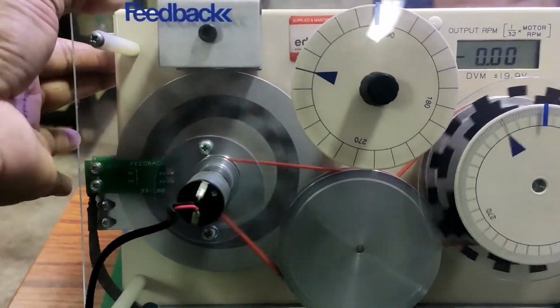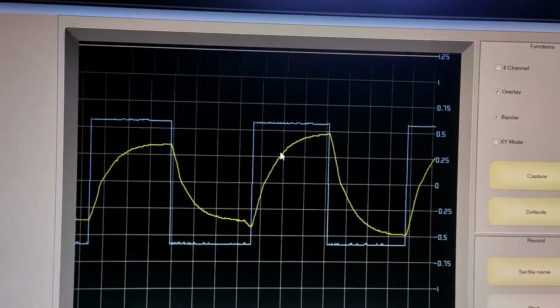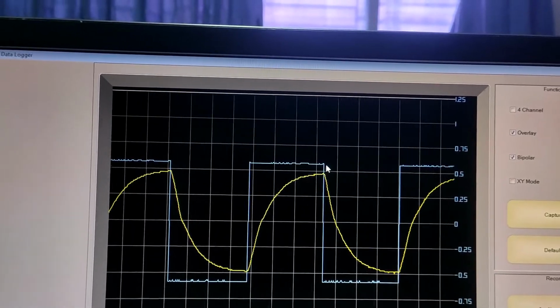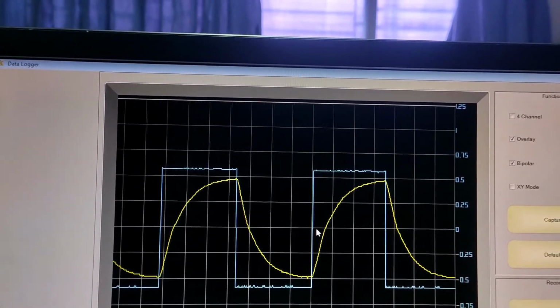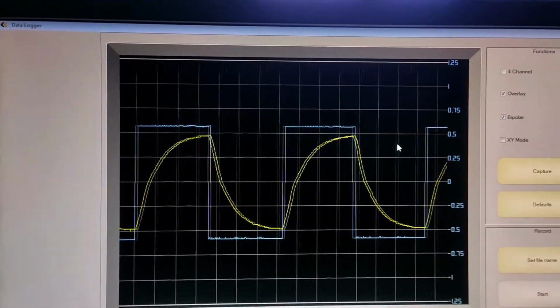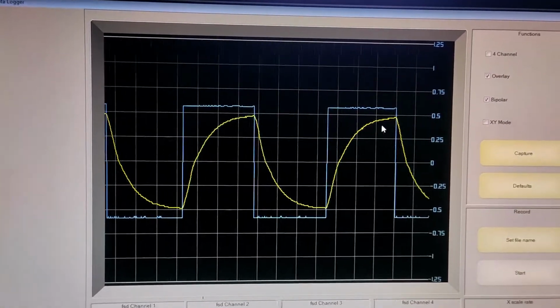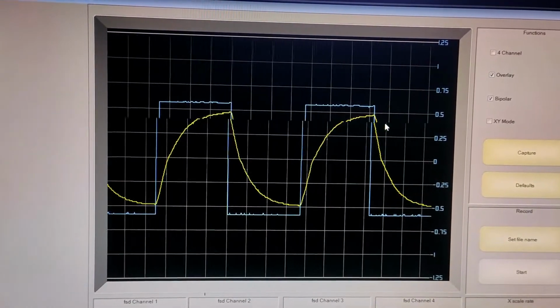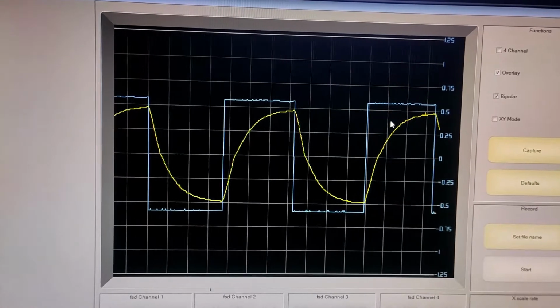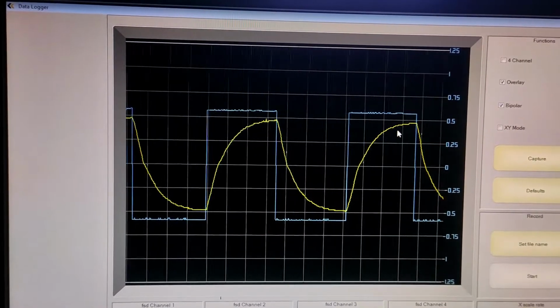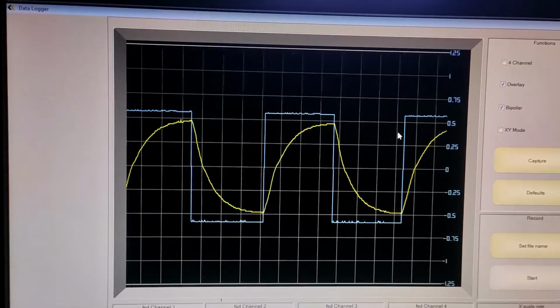Again, if you remove this brake, see again this curve is going closer to the input signal. So that's why you need a controller. If you use a controller, then you can exactly follow whatever you give as input in the output response. That's why a controller is required.